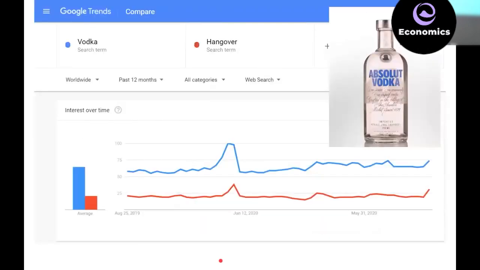Sometimes correlation is underpinning a causal relationship. This is a Google Trends graph of how many people are searching a particular word. The blue line is vodka, a drink with high alcohol concentration. When the graph goes up, it means a lot of people are searching the word vodka.